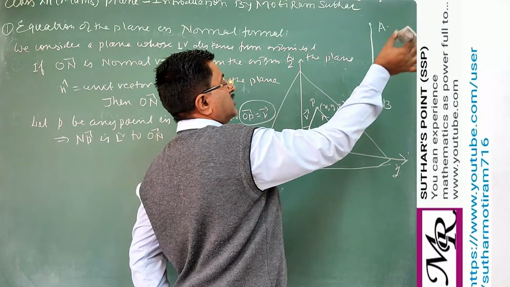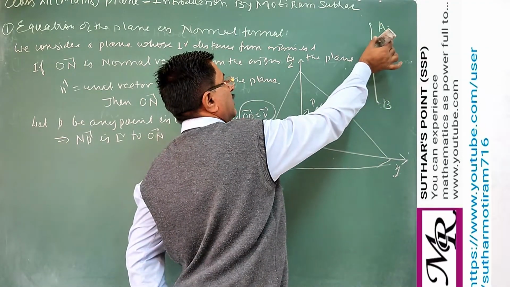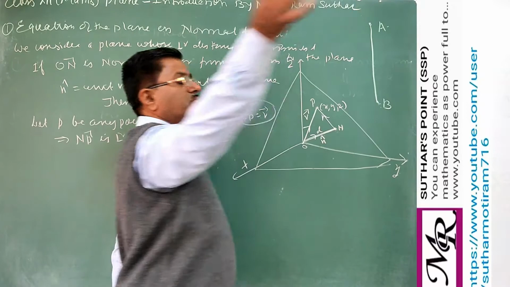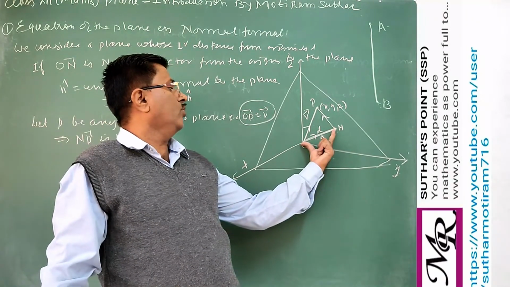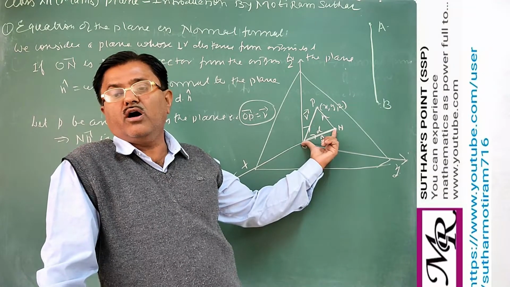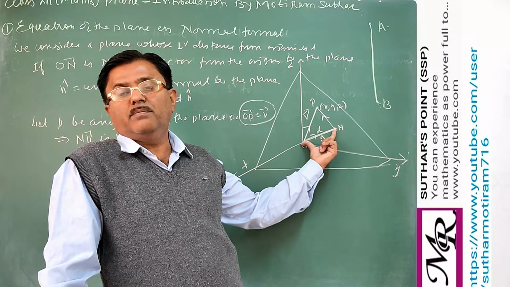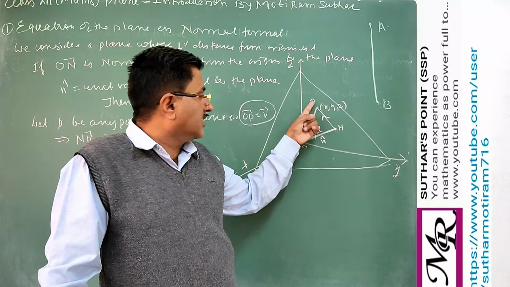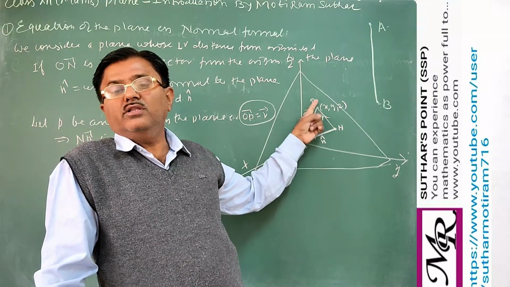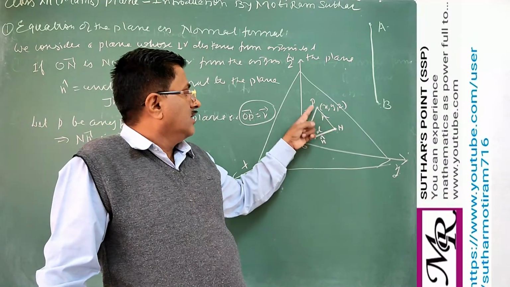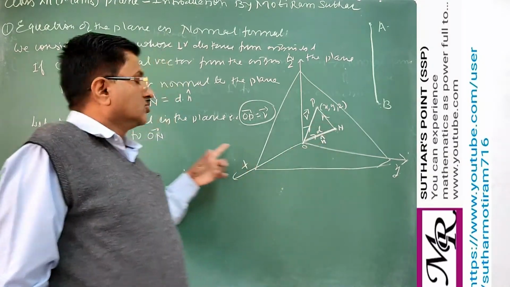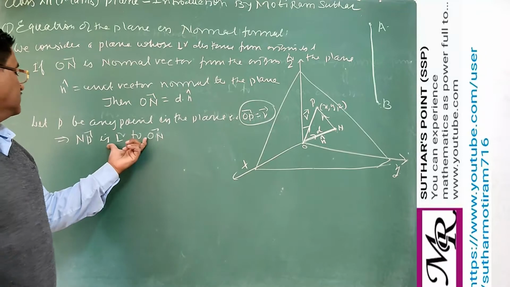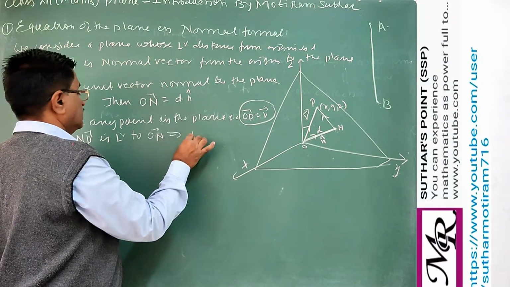Since ON is the normal vector to the plane, and this vector NP lies on the plane, PN is perpendicular to ON. So they are perpendicular, which means their dot product is 0.